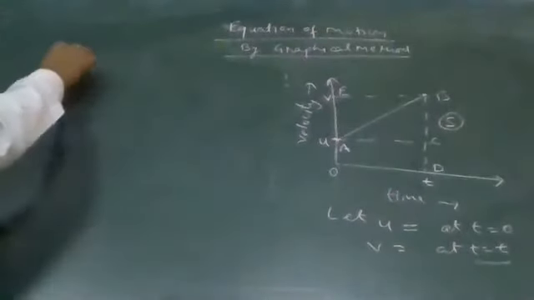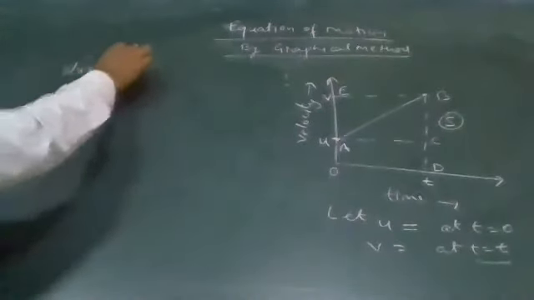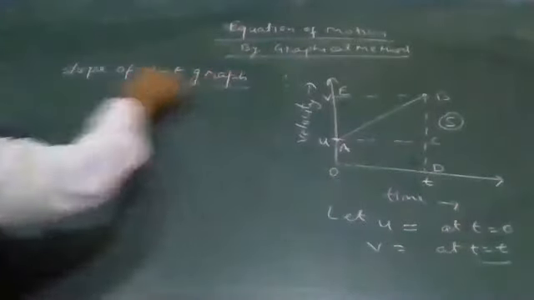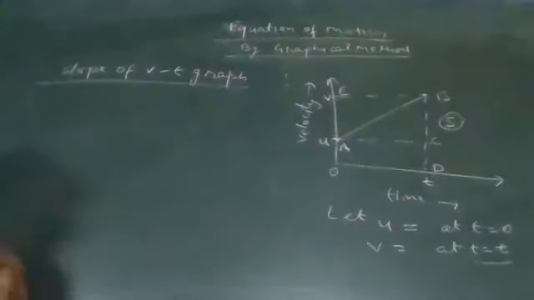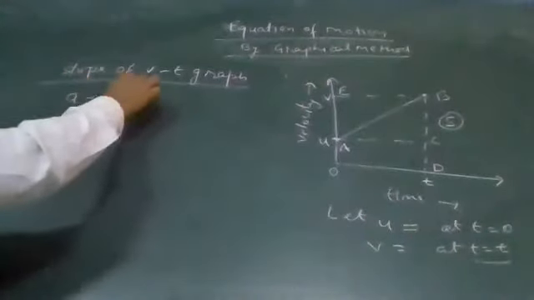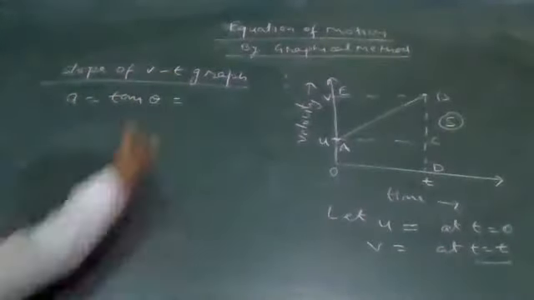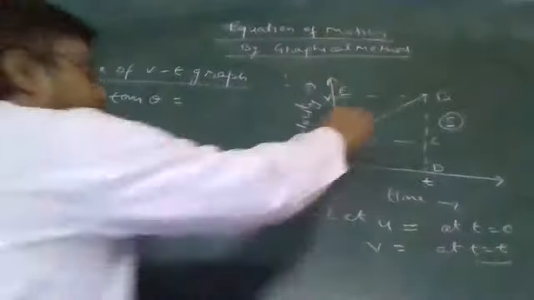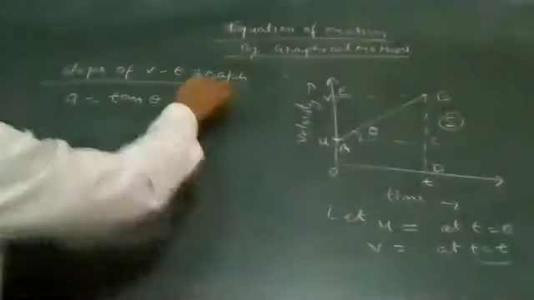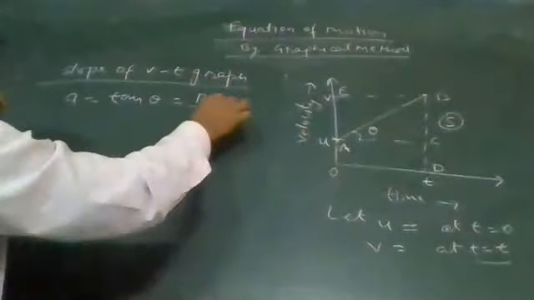The slope of the v-t graph is the acceleration, and it can be written as tan theta. From the graph, tan theta is BC by AC.